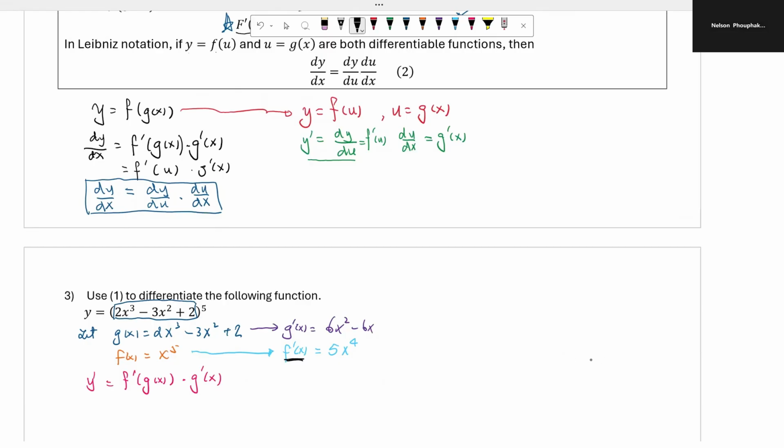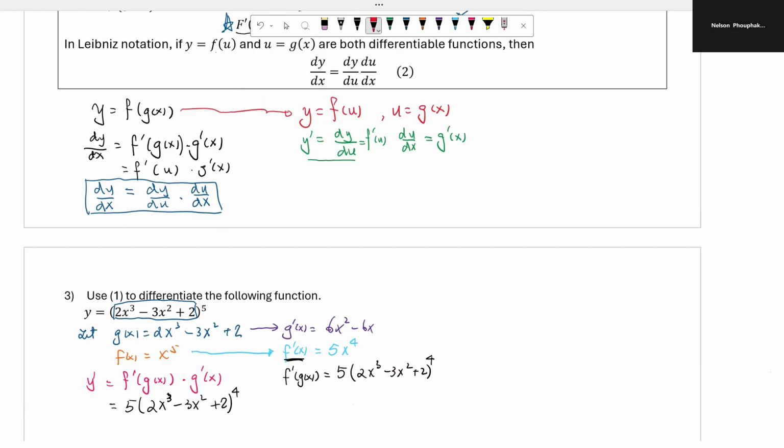Then you will see that f prime of x is 5x to the 4th, and f prime of g of x is 5 times (2x to the power 3 minus 3x squared plus 2) raised to the power of 4.